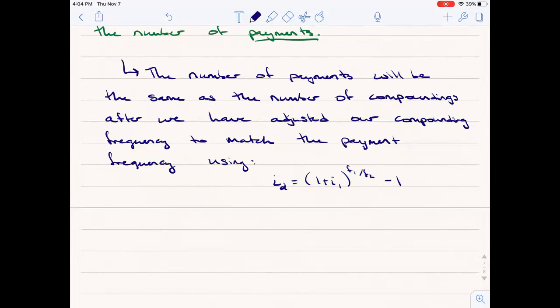So it is the number of compoundings still, but it's just going to be easier if we think about it in terms of the number of payments.